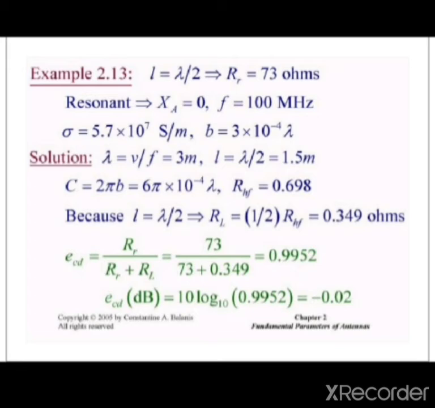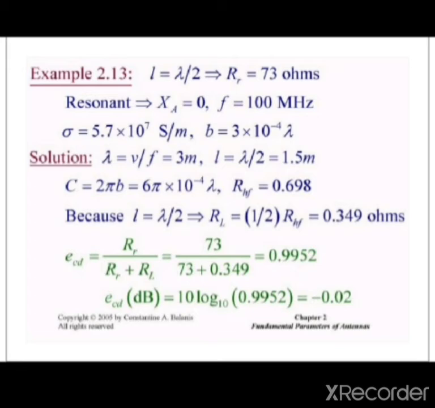Then you consider RR by (RL plus RR). RR is already given as 73 ohms, and RL we found to be 0.349. Substituting those values, you get 0.9952. That means the radiation efficiency is equivalent to 99.52 percent.